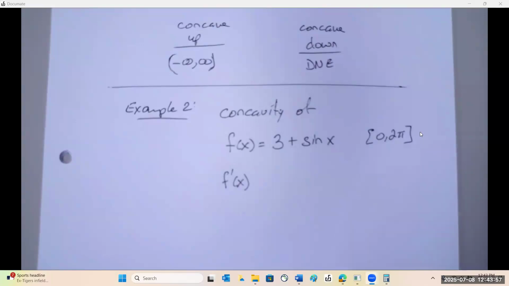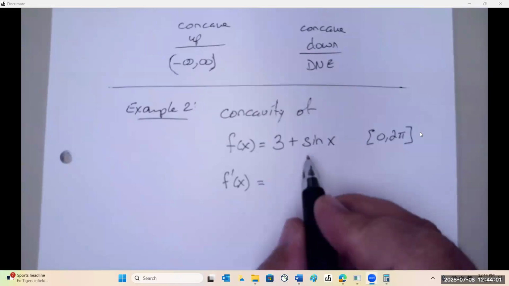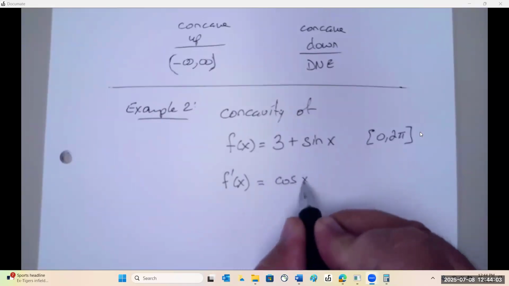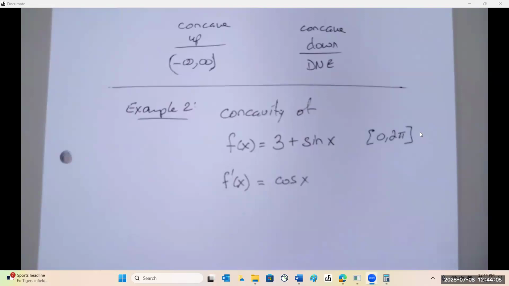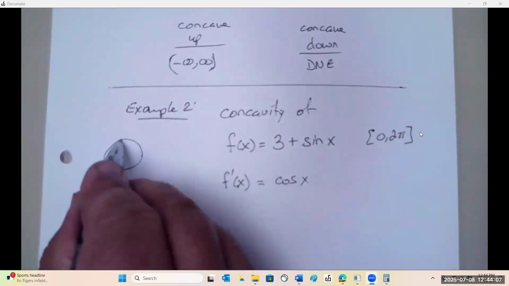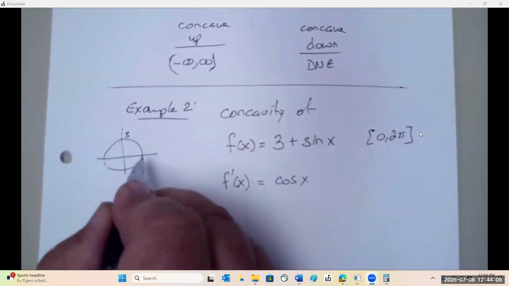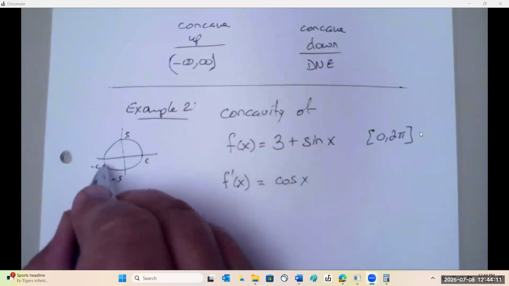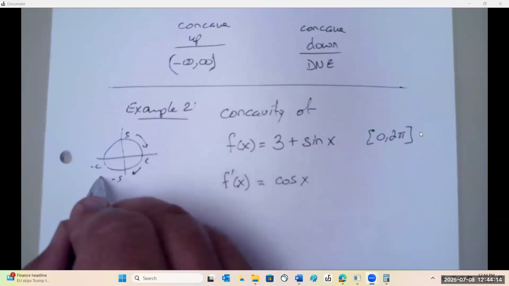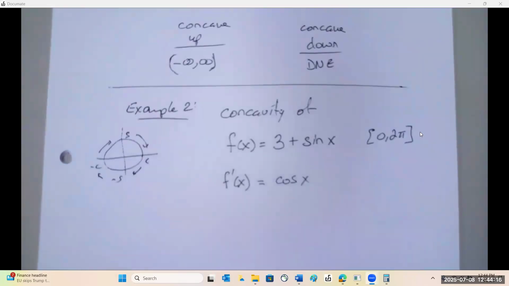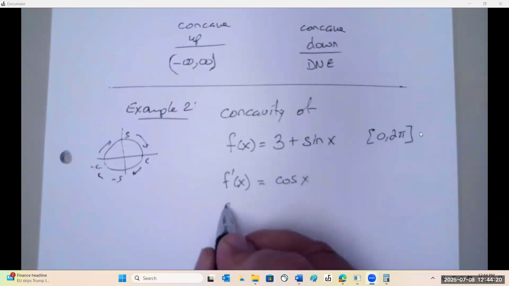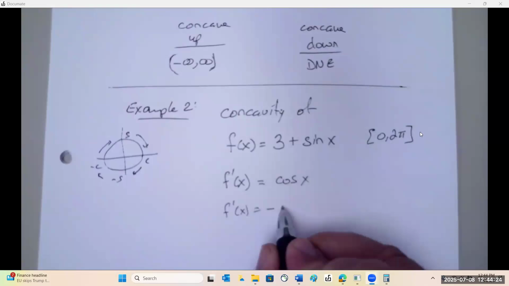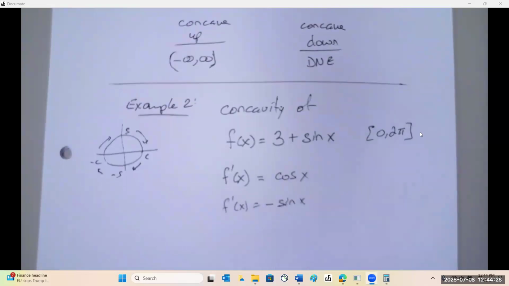What's the first derivative? Remember, for the trig functions, sine, cosine, negative cosine. This goes this way. So the 3 disappears, so it's cosine. So the second derivative, the derivative of cosine, is negative sine.